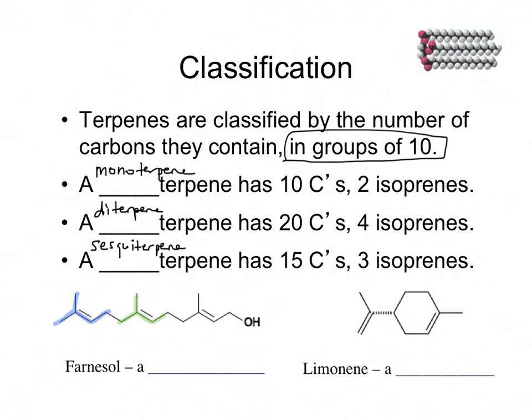These all just hook up in a line, so it's pretty straightforward. And then we'll switch colors again, and let's go to lavender. Here's the third one. So you can see in farnesol that there are 3 isoprene units, and since there are 3 isoprene units, farnesol is a sesquiterpene.